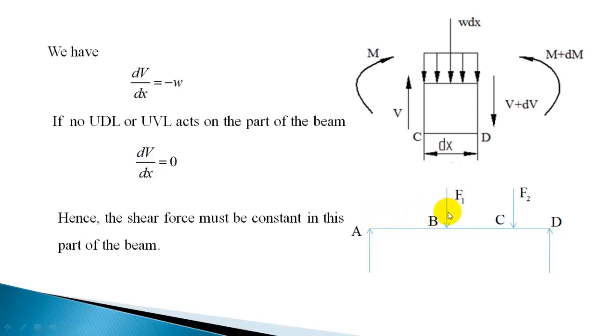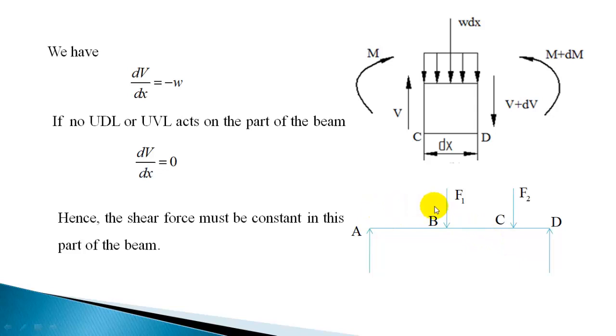Similarly here A to B and C to D also shear force should be constant. There should not be any variation. It has to be constant, and here also it should be constant. Here again it should be constant, either negative or positive. The shear force diagram should be horizontal. We already know that when point loads are acting, shear force is going to be constant between these point loads.